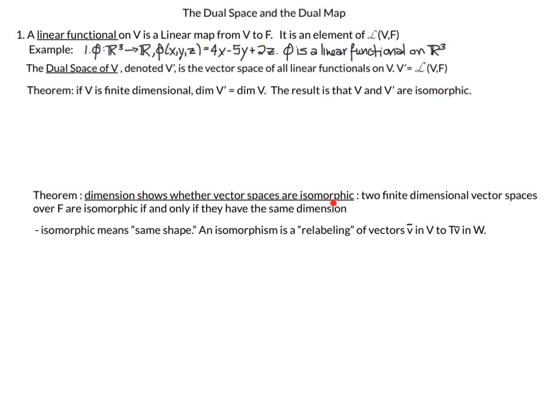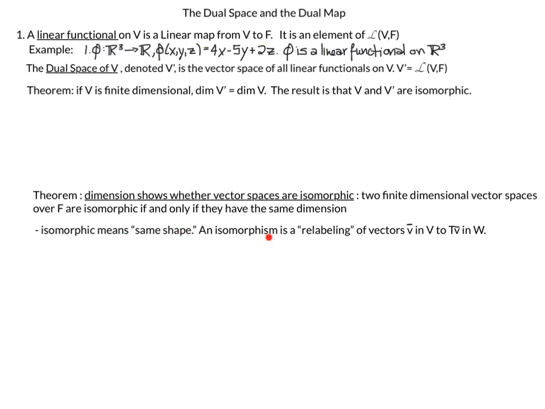Also from our video about isomorphism, dimension shows whether vector spaces are isomorphic. That is, two finite dimensional vector spaces over F are isomorphic if and only if they have the same dimension. And remember, an isomorphism means same shape.